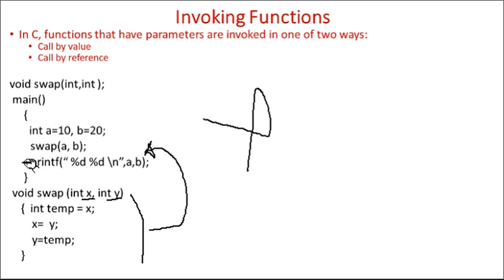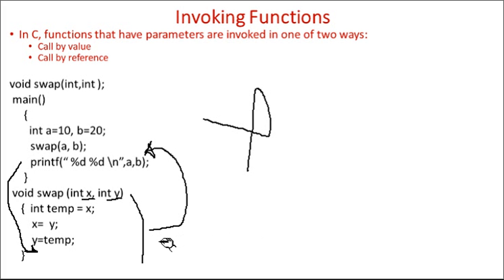If someone, immediately after implementing this swap logic, prints x and y with printf, then he will get the result he expects, like swapped numbers are 20 and 10.